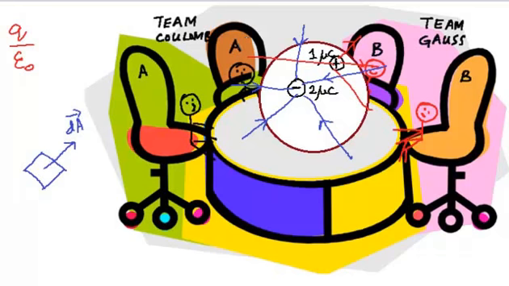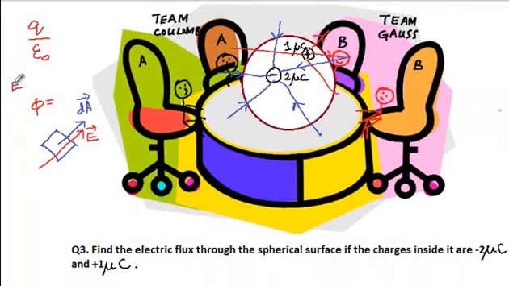Now if the electric field is in the same direction, then the angle phi between the electric field vector and the area element is going to be less than 90 degrees, which means that E dot dA, which is equal to EA cos phi, is going to be positive.